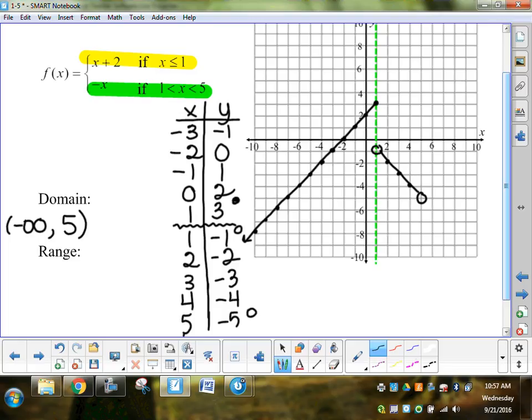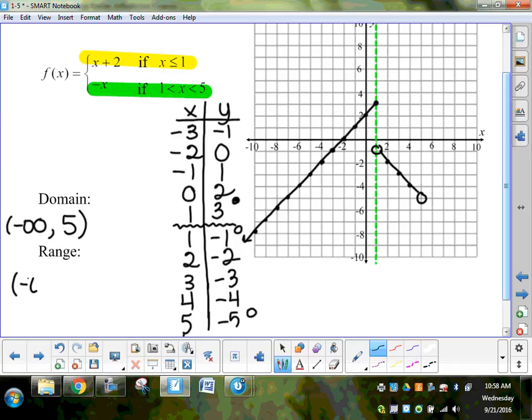Gerald C., what would you give out as your range? Negative 3 to positive 3 with a square bracket. Questions on that?